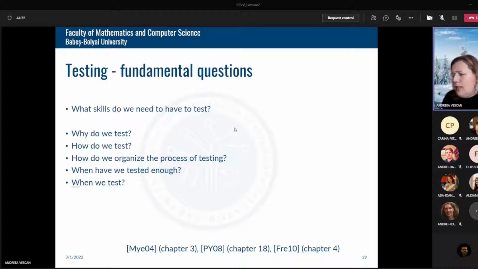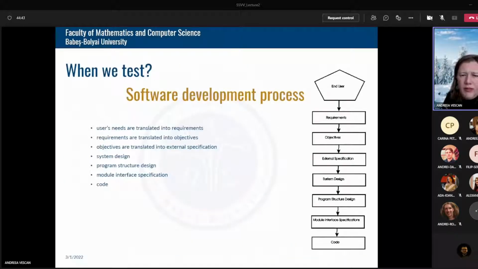Another important issue is when we test, right? If you think about the software development process, you know those steps starting from the end user: we have the talk with the client, we have the requirements, then we have the objectives of the system, then those are translated to external specifications such that the developer will be able to start working on them. We have the design of the system, the split into components of the application, then we have the module interface, the code, and so on.